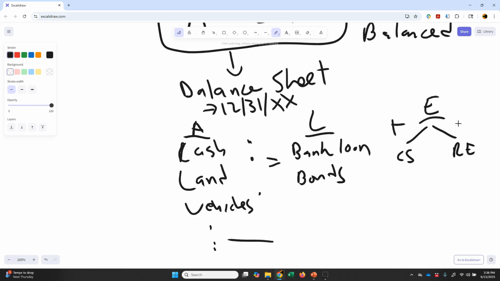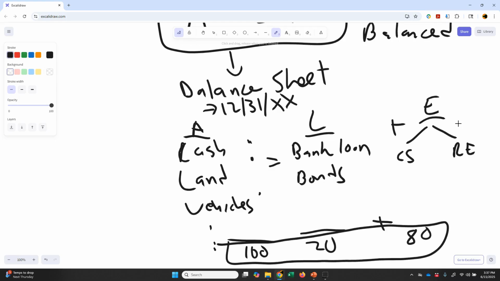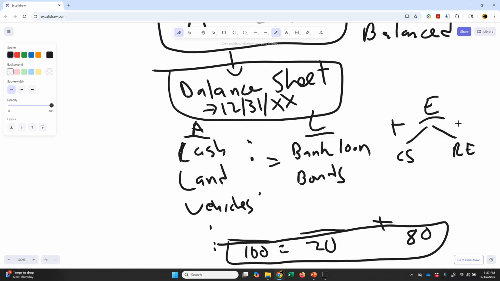You'll add them up. It'll be whatever, 100. Maybe your total liabilities was 20, and then the total of your equity section is 80. And you will see that this equation will hold. And you're going to prove that to your financial statement readers by presenting this balance sheet.